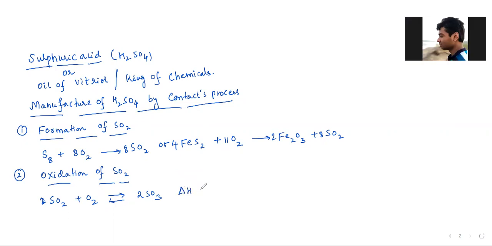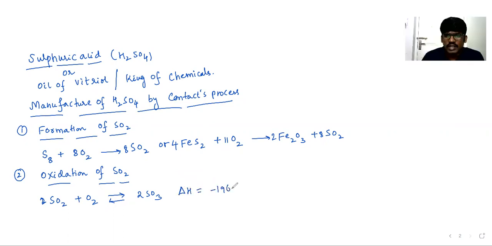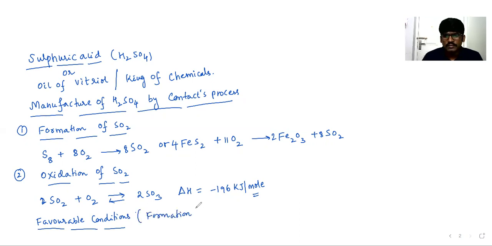For this, the enthalpy change is around -196 kilojoule per mole. Now, what are the favorable conditions according to Le Chatelier's principle for the formation of SO3?